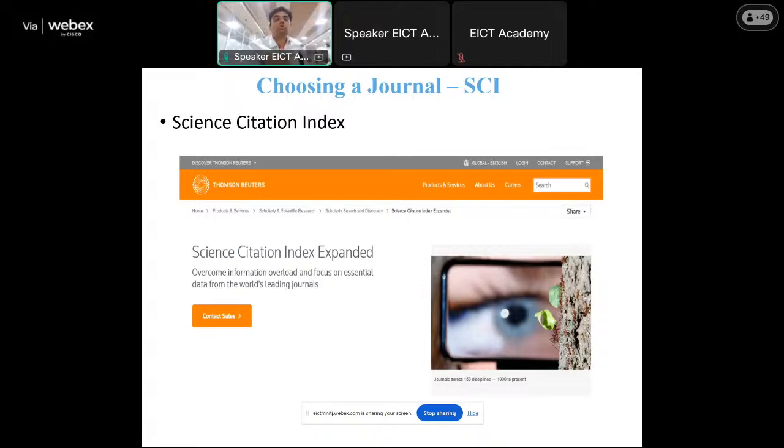So if you search on Google for Science Citation Index by Thomson and Reuters, then you will be able to find the journal list over here. Thomson and Reuters is an agency which actually considers whether a particular journal is in the SCI, SCIE category or not. ठीक है.